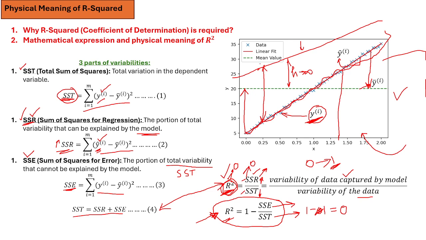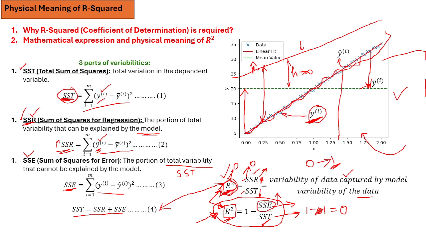It will actually increase as this line moves up. So this SSE is going to be highly increased compared to SST. This means that R squared in the second equation is going to appear negative, whereas R squared for the same case in the first equation is going to be more than 1. It's going to be negative here. That indicates that our fit is very poor.